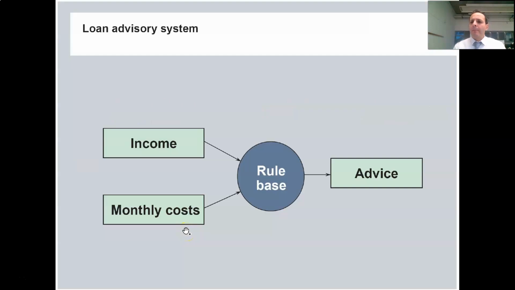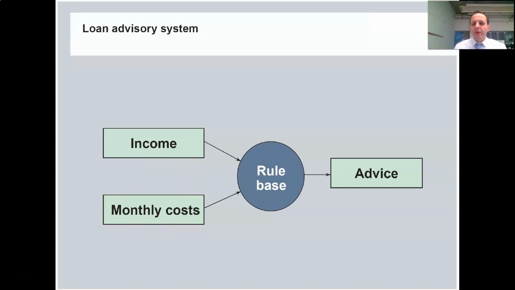It can be the same application that we saw for neural networks, because as an example, a neural network or an inference system is able to help the people or the teller working in a bank to agree to loans for the clients, on the basis, as shown in this picture, of the income of the person and the monthly costs.